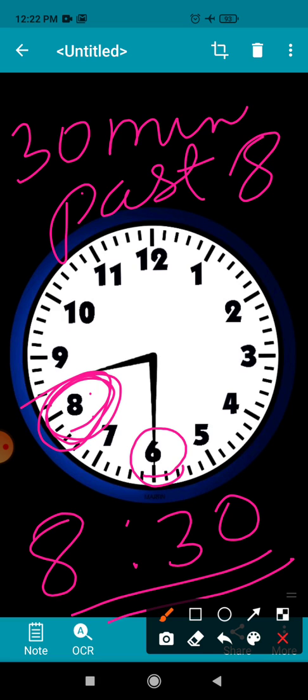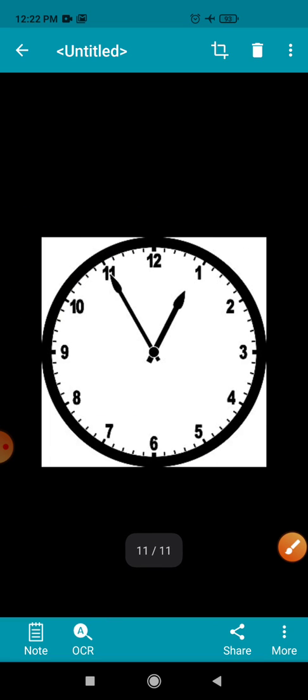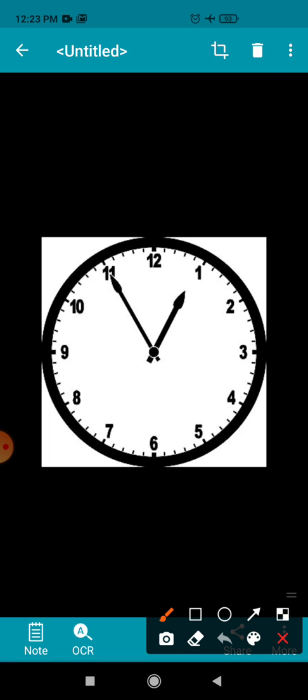Okay children, now here in this example you can see the big hand is on 11. It means 55 minutes. When it goes on 12, then it will complete 60 minutes. Then the clock will tell the time 1 o'clock. But in this clock, it is on 11.